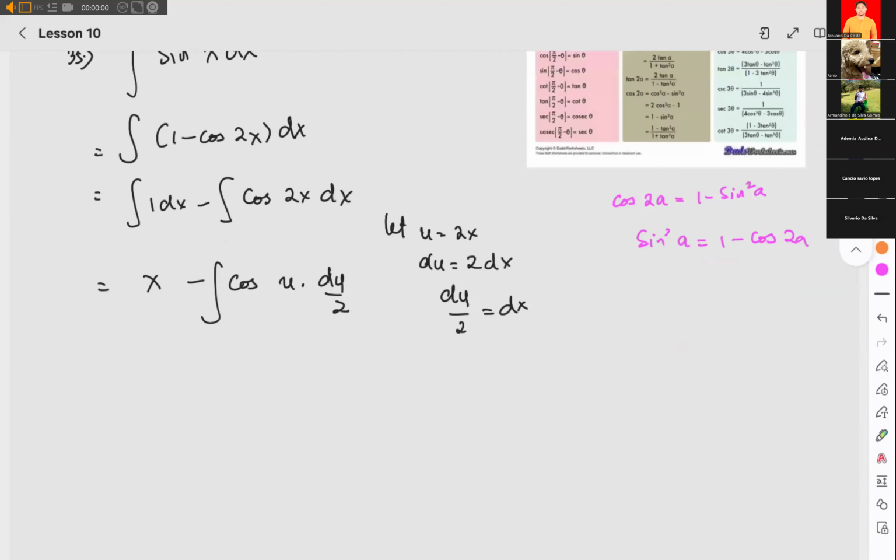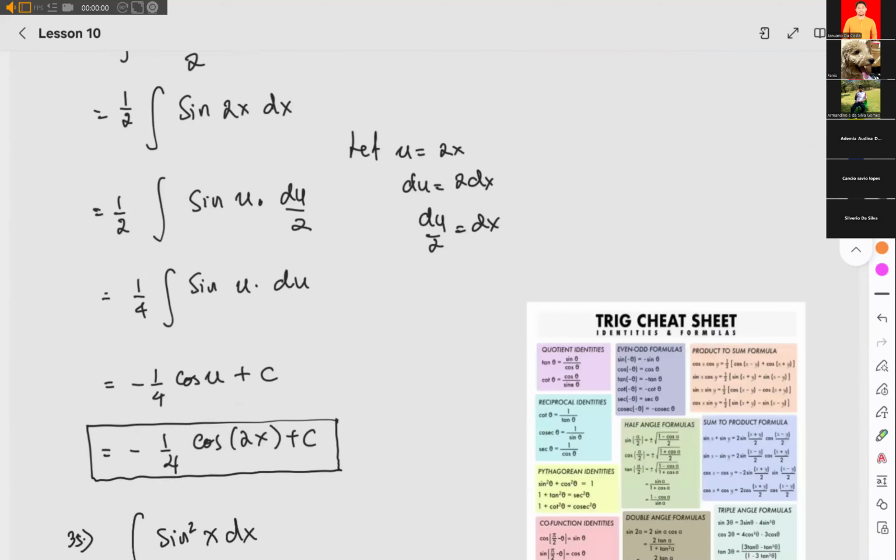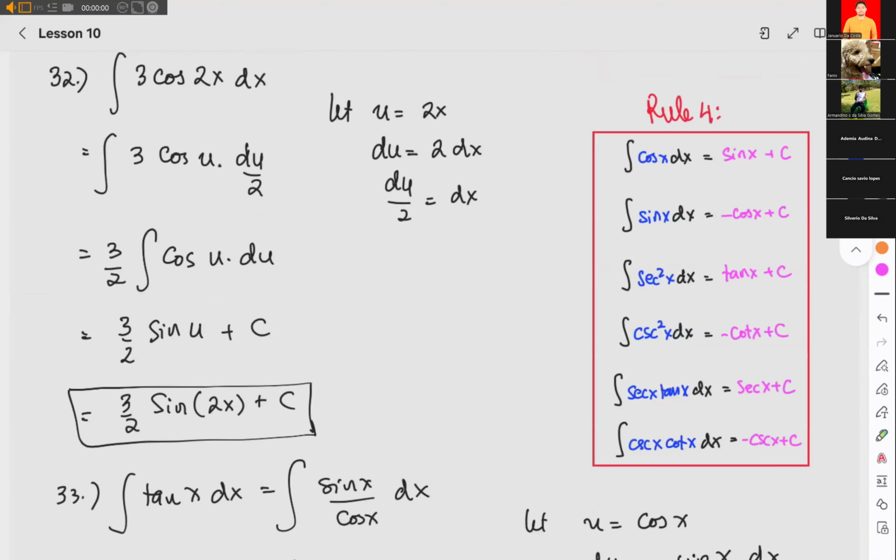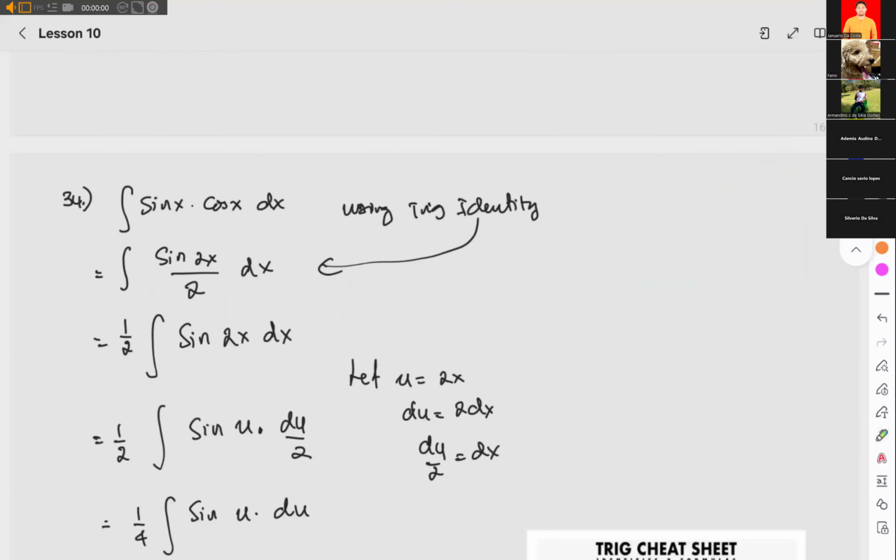So you can just take out the 1 over 2, and the integral of cos of u du. Now you already know the integral of cos of u. The integral of cos of u is what? Sine of u, right? It's just from this rule number 4 over here. So that's easy.